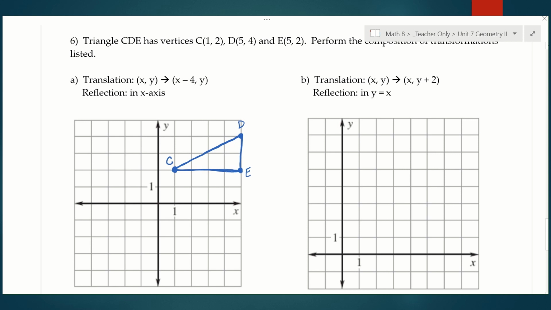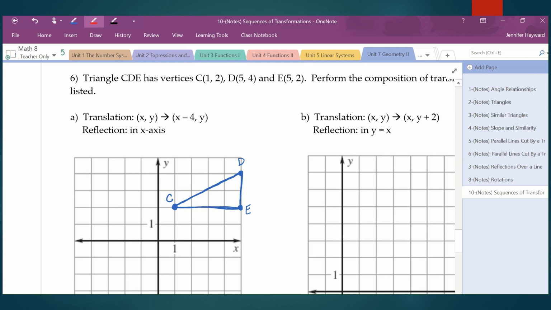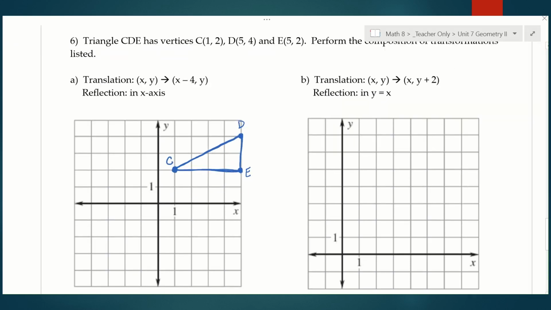Okay, so there is triangle CDE. The first transformation is a translation, and it is telling me to go, what does x minus 4 mean? Left 4. And if you see y has nothing done to it, it just means that you're not going up or down any. So basically we're just counting every point 4 to the left.